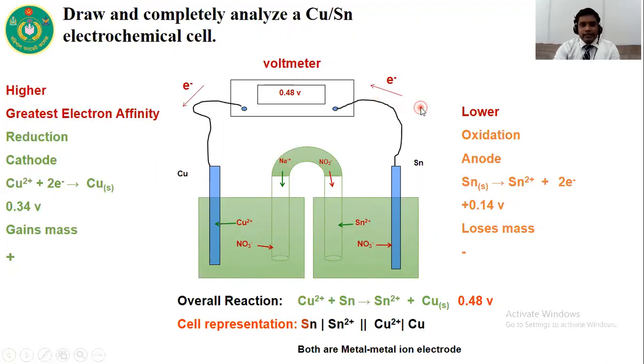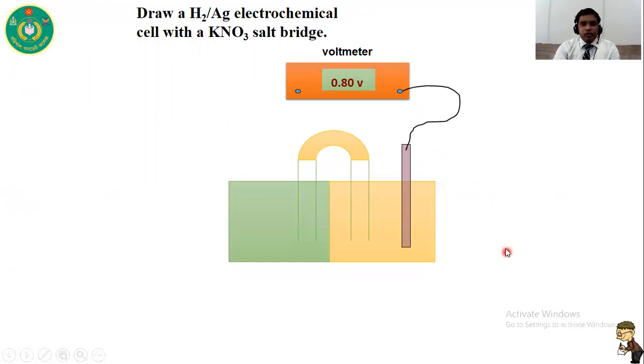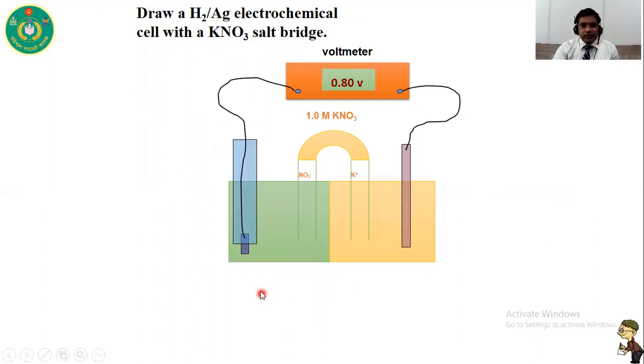And we get electricity. So here is another example for your better understanding. Draw a hydrogen-silver electrochemical cell with a potassium nitrate salt bridge. So we use potassium nitrate in the salt bridge. In this picture you can see the hydrogen gas half cell.